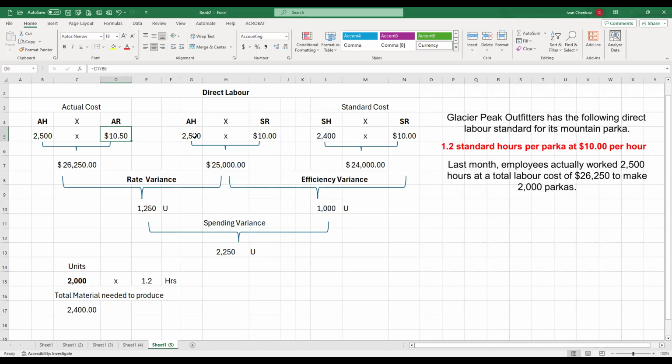But for over 2,500 hours, so 2,500 divided by 2 is going to give us 1,250. So the 2,250 overspending comes first from the increase in hours, 100 hours, and then the increase in rate of 50 cents.